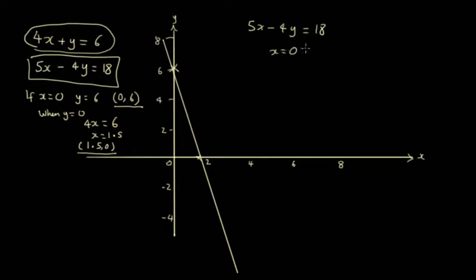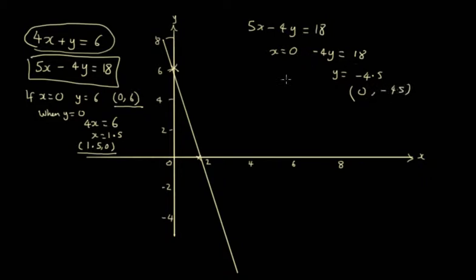Thinking about when x equals 0, y equals 0, it gets rid of one of the terms and it just makes sense. So that's going to give us minus 4y equals 18, and that's going to give us y is minus 4.5. So the first point we're going to plot here is x 0, y minus 4.5.